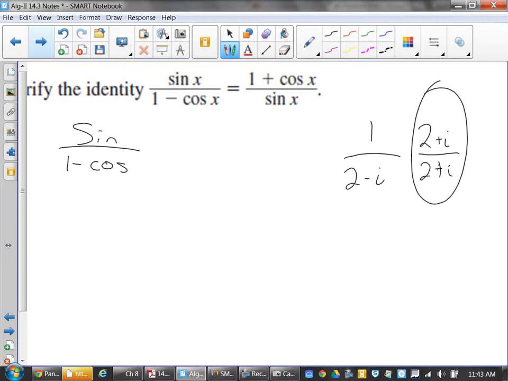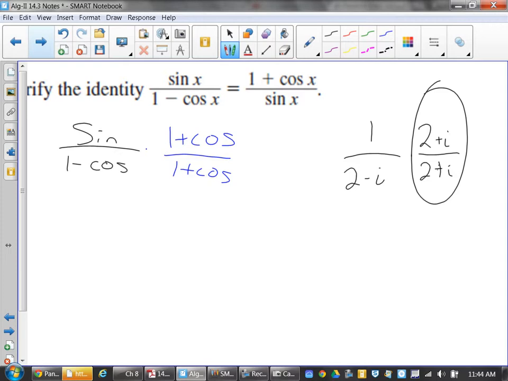You didn't change anything, you're just shifting the shape of it. What do you think the conjugate of 1 minus cosine is? Multiply top and bottom by 1 plus cosine, because what you're creating in the denominator is a difference of squares. So in your denominator, you'll have 1 minus cosine squared.